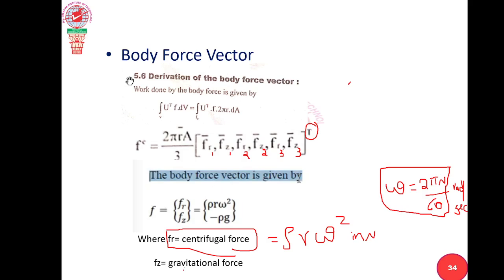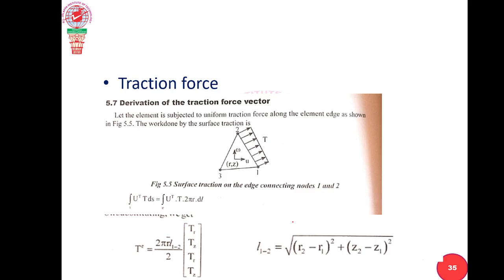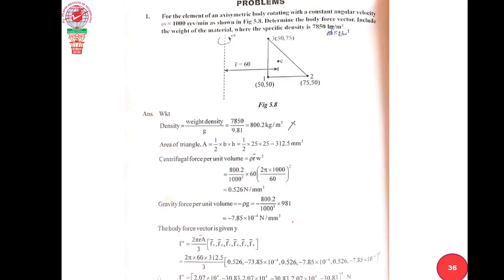Next, FZ. FZ means the gravitational force, that is equal to minus rho into g, where omega is 2 pi N by 60, and rho is called density. Sorry, that is weight density.